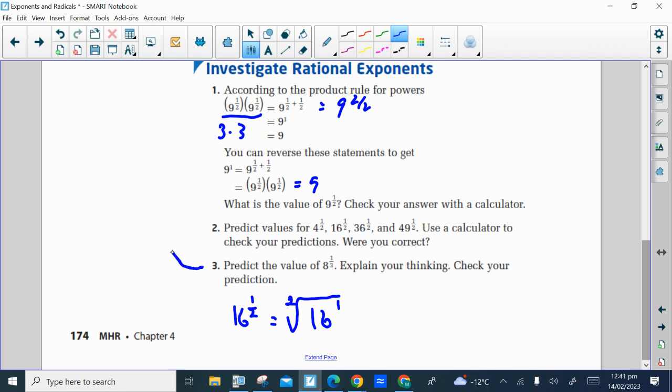Now, part 3 here says, what do you think 8 to the 1/3 means? Well, if we follow the same pattern as we have below here with the 16, the bottom number tells you what root it is. So because the bottom number is 3, that would mean the cube root of 8 to the power 1.